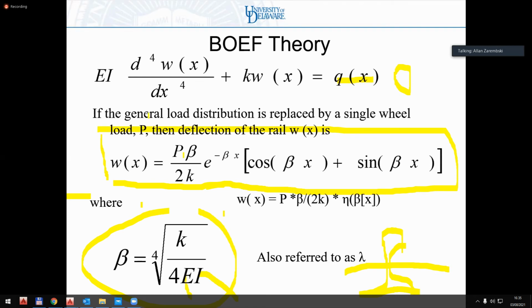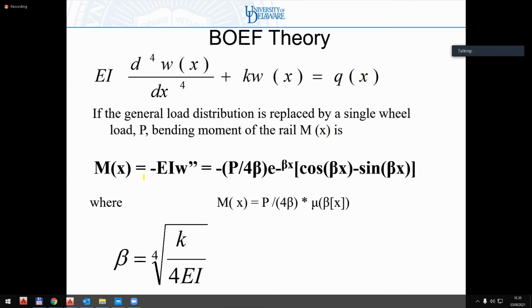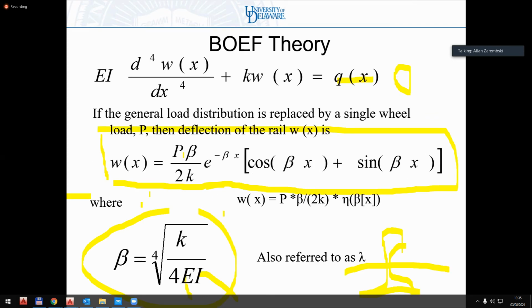So this is my deflection. W of x is P beta over 2K e to the minus beta x times cosine beta x plus sine beta x, for a single wheel. It turns out the maximum deflection happens under the wheel at x equals 0. And something very interesting happens when you put in x equals 0: this term drops out because the sine of 0 is 0. This term becomes 1.